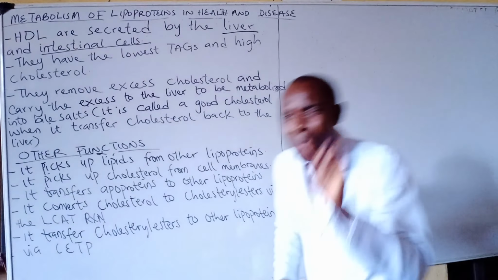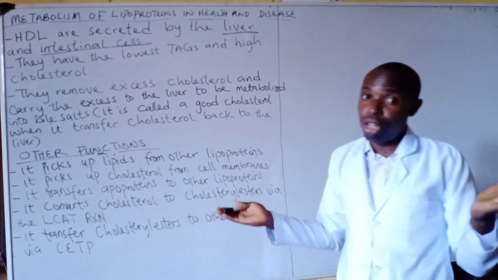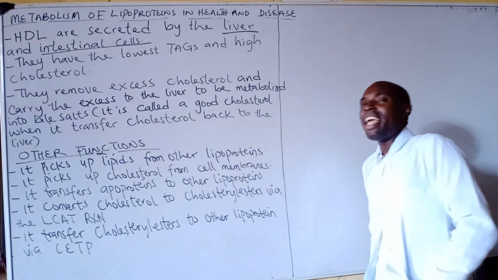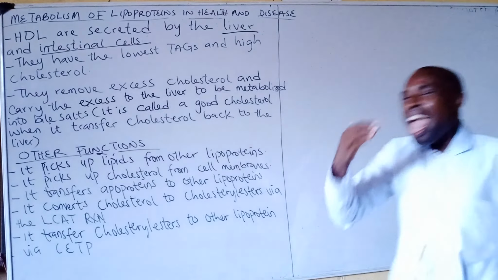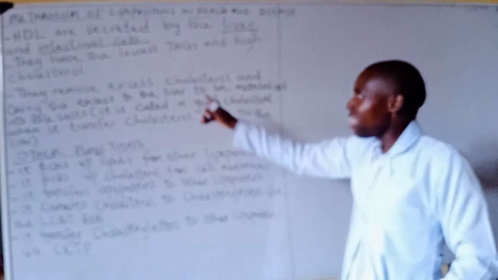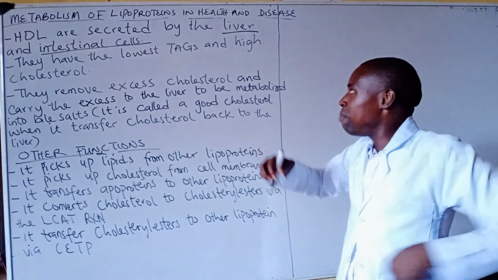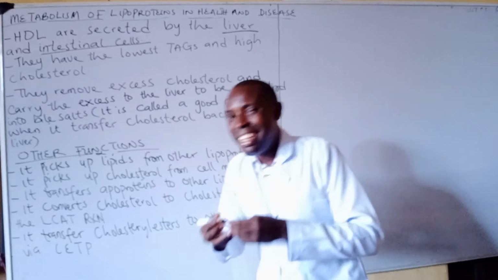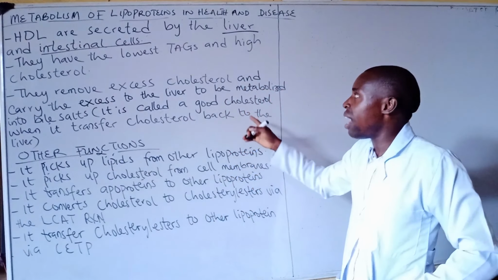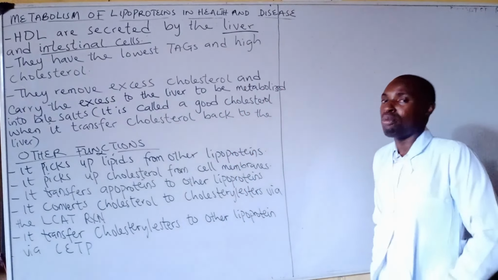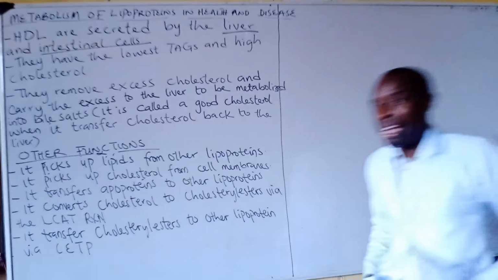Now, what is the primary function of the HDL? Simple. The HDL helps to remove excess cholesterol and carry it to the liver, where the liver metabolizes it to bile salt.